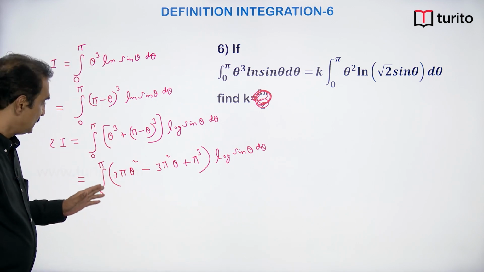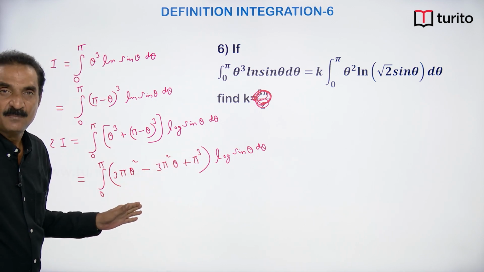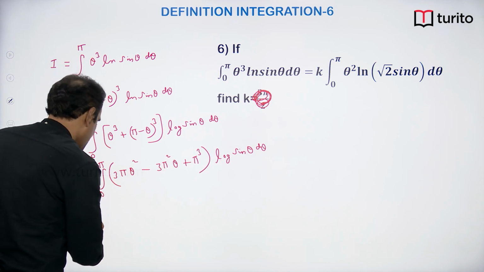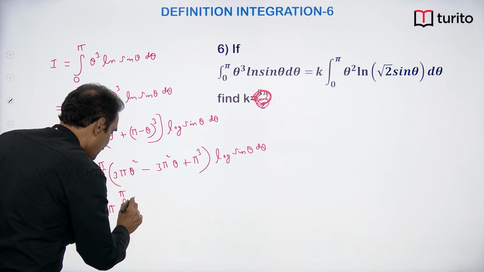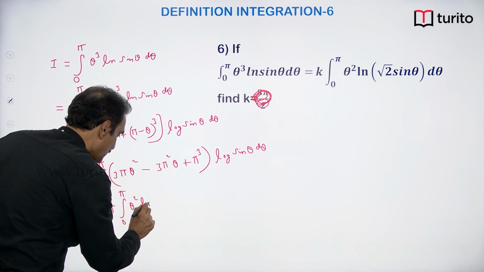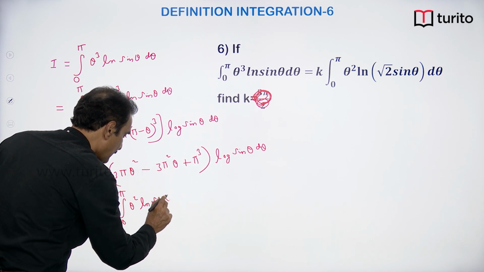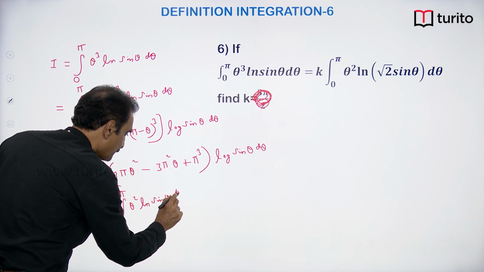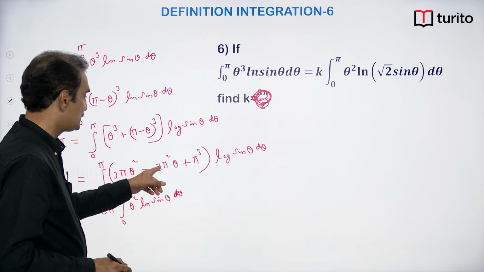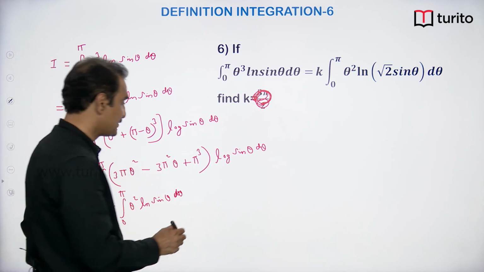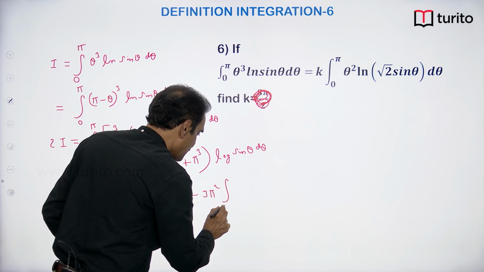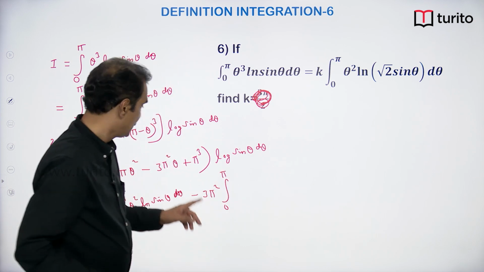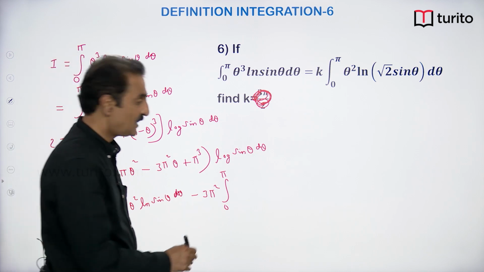Okay. Now write as sum of three integrals. First integral: 3 pi integral 0 to pi theta square into log sin theta d theta. Second, you can write 3 pi square outside: minus 3 pi square integral 0 to pi theta into log sin theta.